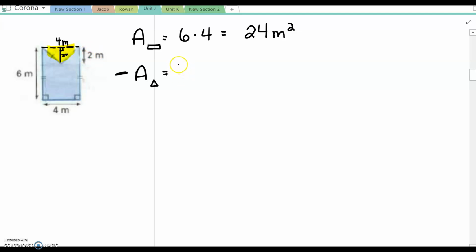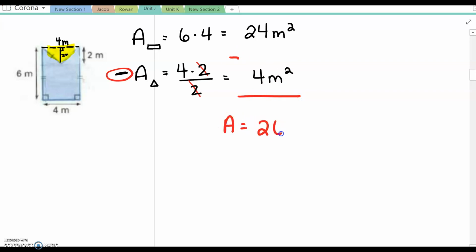So I have a base of 4 times a height of 2 divided by 2. That's 8 divided by 2, or I can just cancel the 2's out right now to realize that that triangle has an area of 4 meters squared. And then don't forget, we're going to subtract. So we get a final area of 20 meters squared.